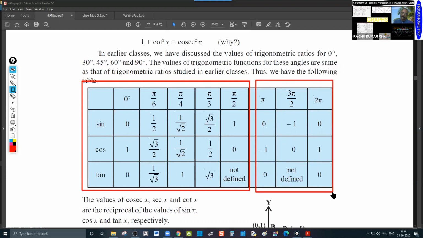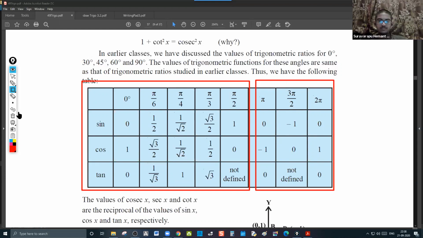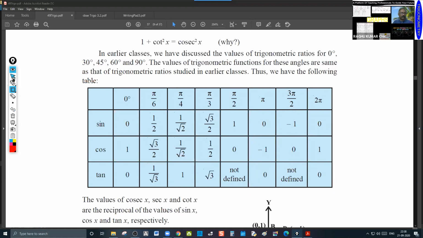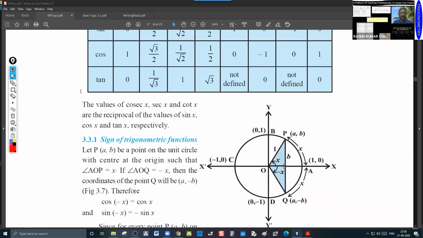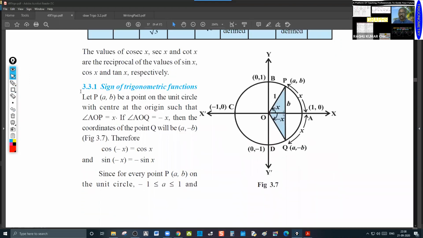First part is known to you. Second part, just now we derived it. Clear? Yes, sir. Right. So we will now see the next part, signs of different trigonometric functions. This we will discuss in the next session.